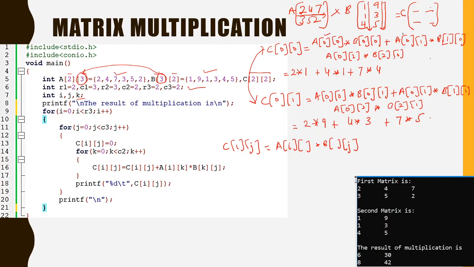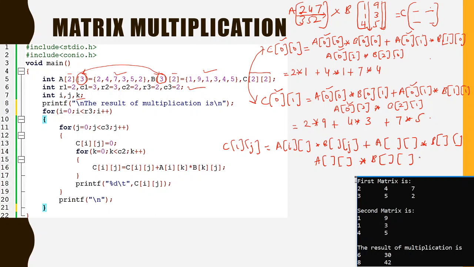A's row is always the same as C's row. So I am making a general formula, right? I will simply write it emptily, and then we will fill it with the formula.